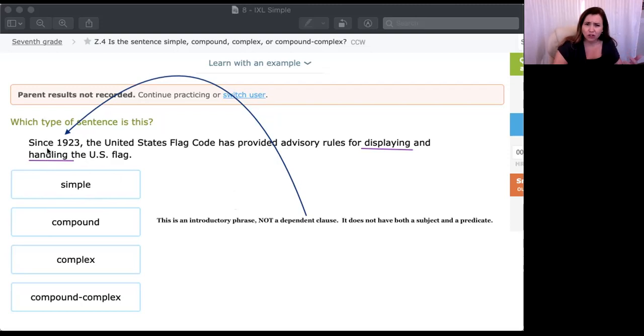But to determine whether that is a dependent clause, we have to ask, does it have a subject and a predicate? No, it doesn't. So this is definitely a phrase, an introductory phrase telling us when. Since 1923, the United States Flag Code has provided advisory rules for displaying and handling the US flag.